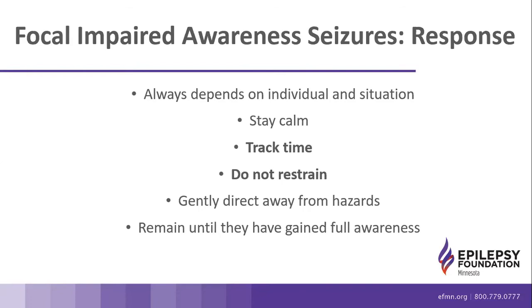They sense danger coming at them and they want to respond. Keeping in mind during this time their brain is seizing, so they have those unusual movements, those unusual sounds that they're making, and they're also trying to defend themselves because they're in fight or flight mode. So you really want to stay calm and not restrain them.